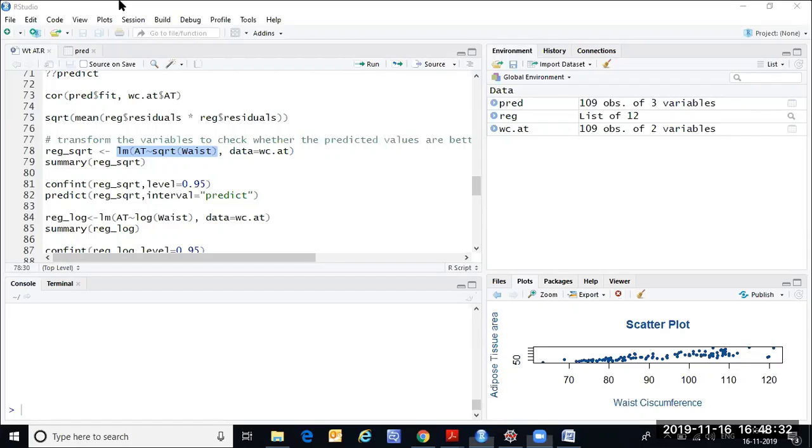In the first model, we have taken lm of y tilde x. But instead of x, now I'm taking lm of y tilde square root of x.